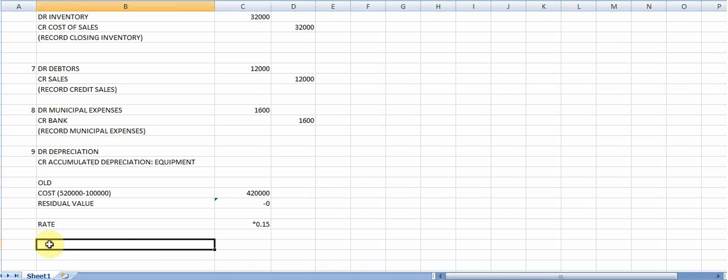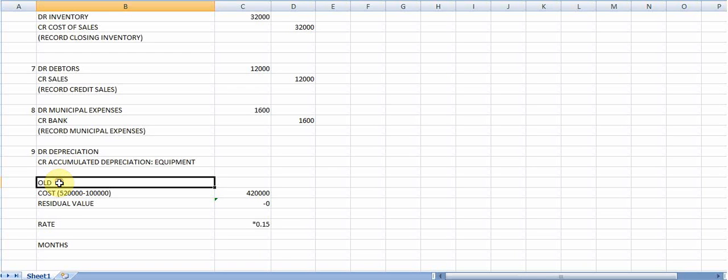And then I need to go and figure out the months. Those are the old equipment. So I would have had it in the year before. That means it is 12 out of 12.